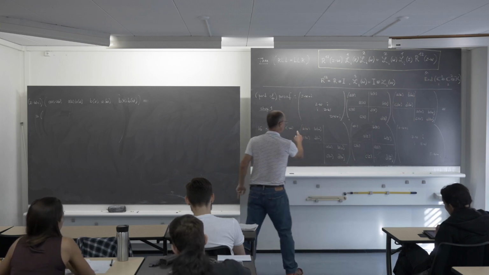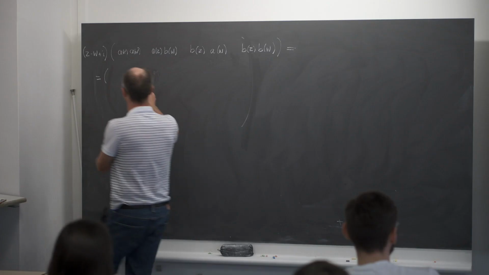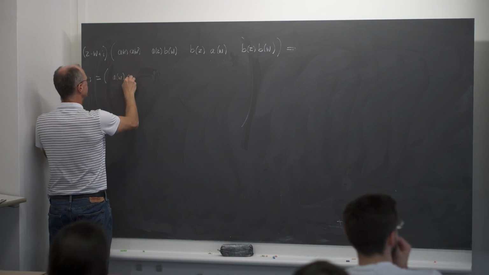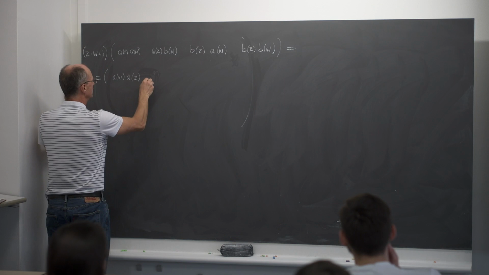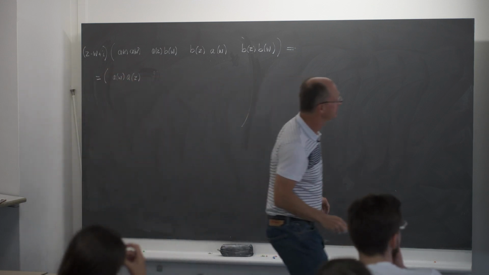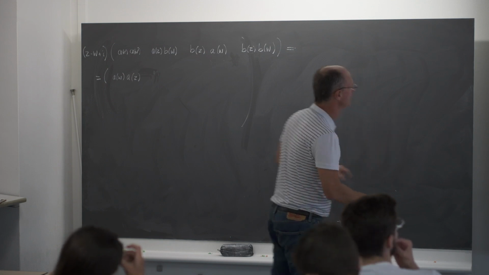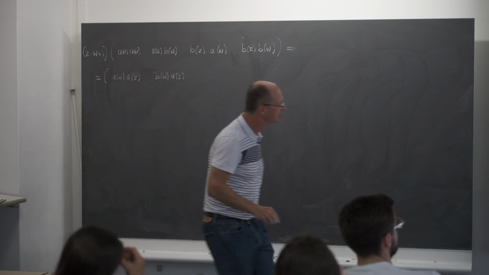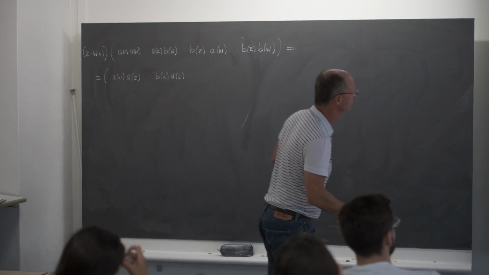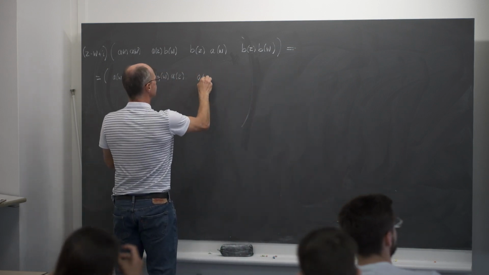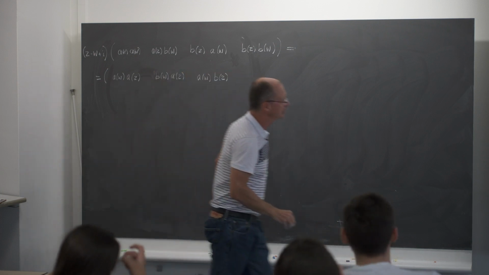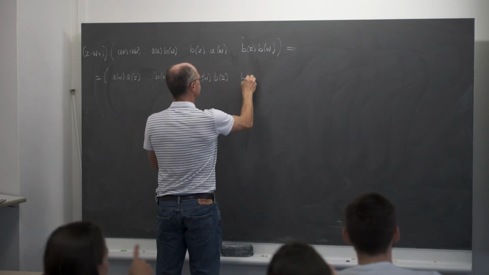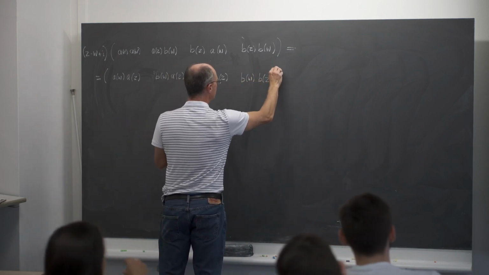So it will be A of W, A of Z, then B of W, A of Z, then A of W, B of Z, and then B of W, B of Z. But now that's not the end of the story.